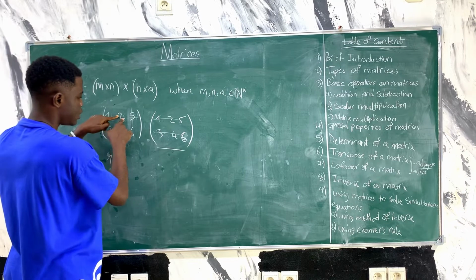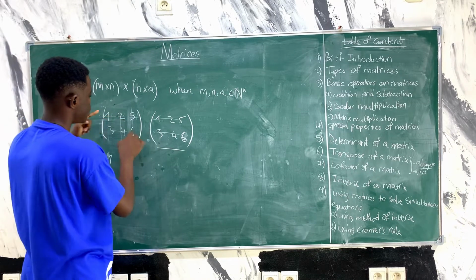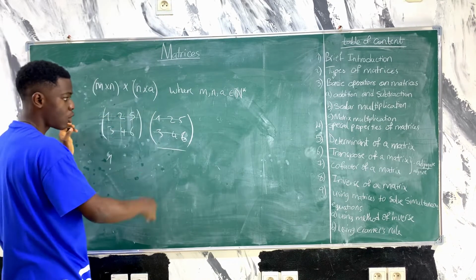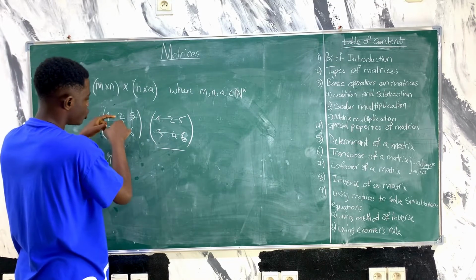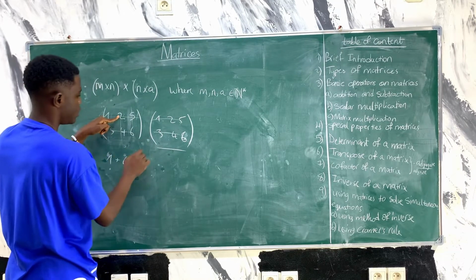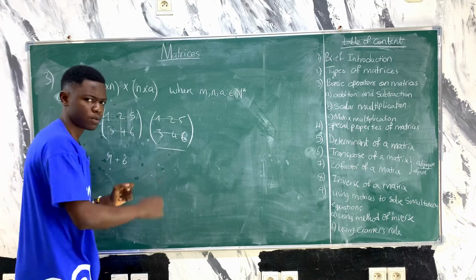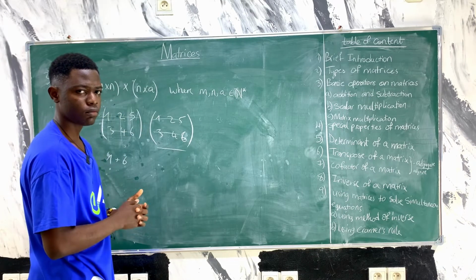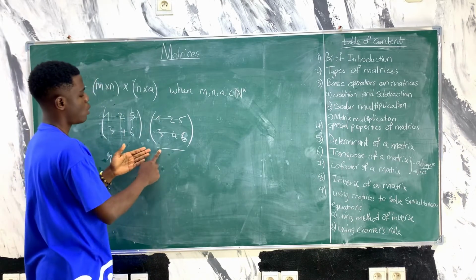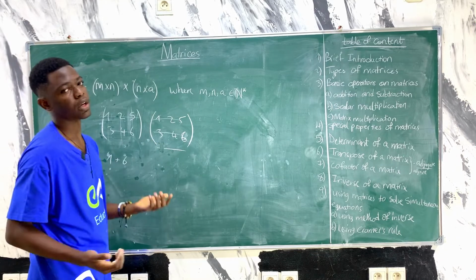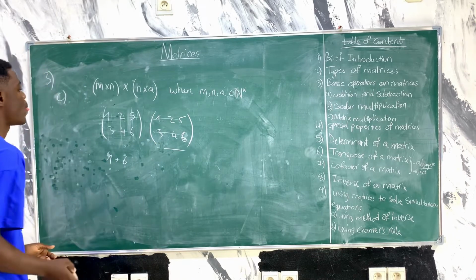Then you do this times the second one down. It is rows times columns, so you do 2 times 3, you have 6. Then you have to do 5 times something, but what else is here that you can multiply? You cannot multiply.